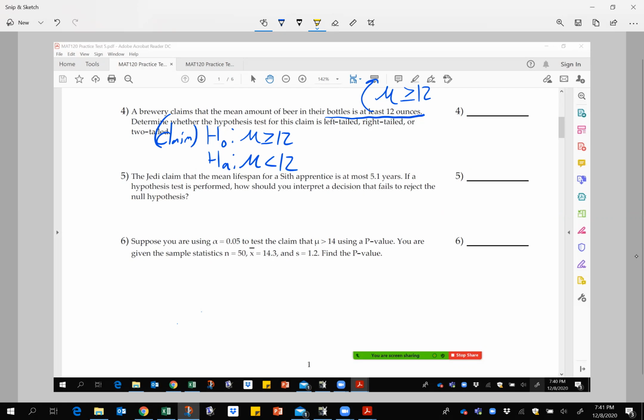And now to determine the tailness, we just need to look at the alternative hypothesis. Because the alternative hypothesis contains the statement less than, if you think of your number line, less than means go to the left. So this would have been an example of a left-tailed test.